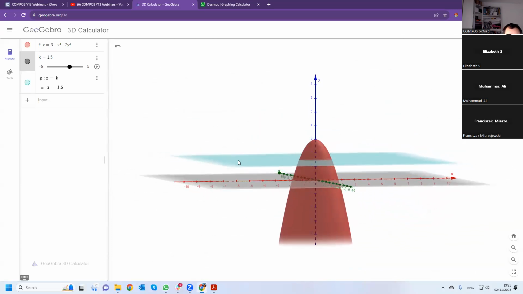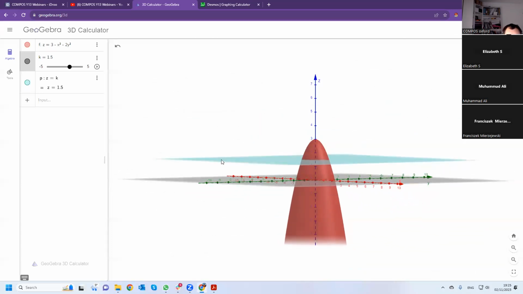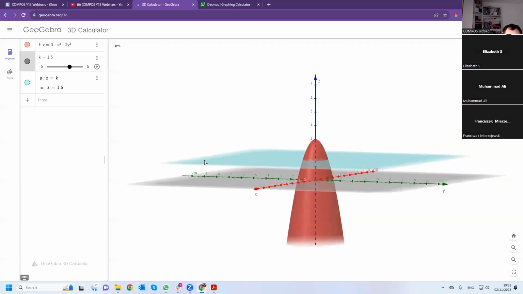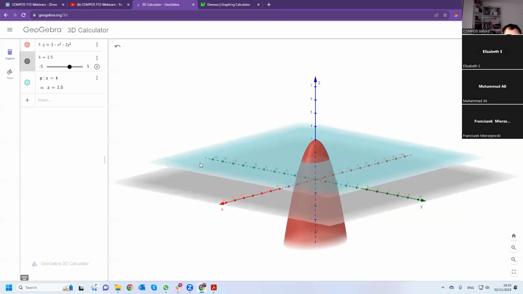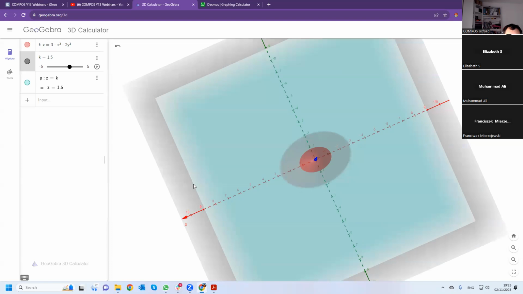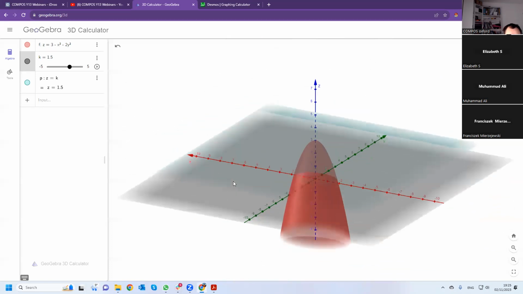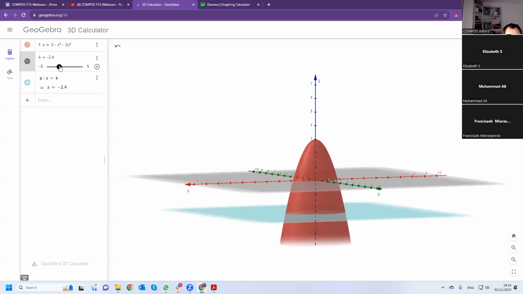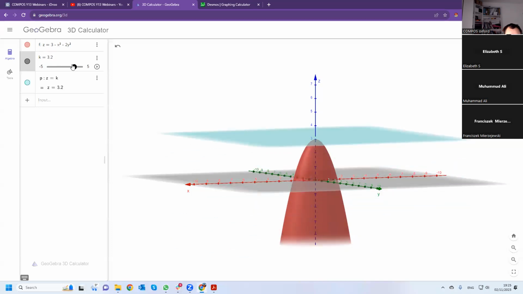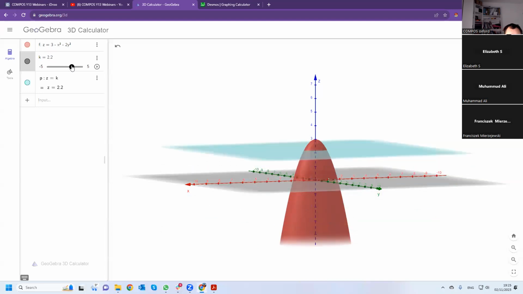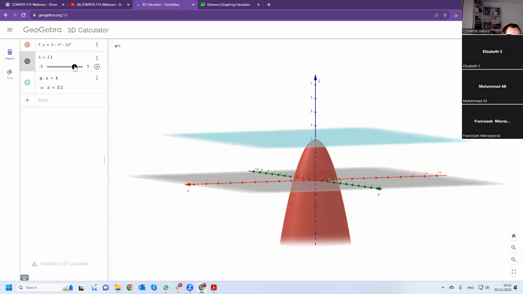This is a plane that cuts our paraboloid, our elliptical paraboloid, like this. And if I change k, I can move the plane down and up. So the plane that is doing the cutting changes.